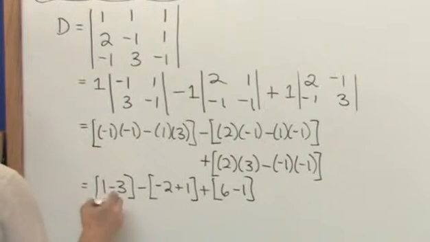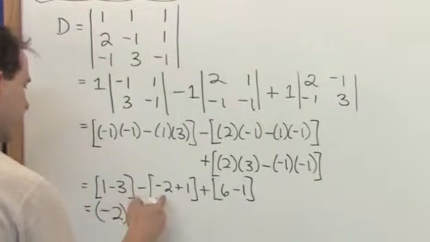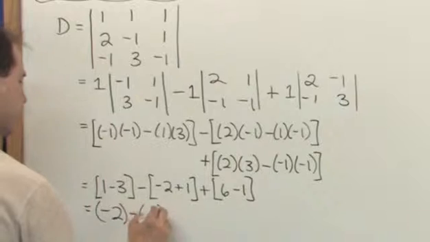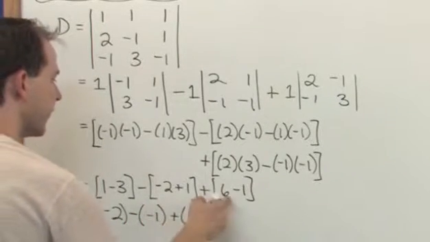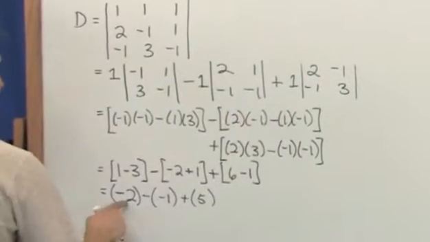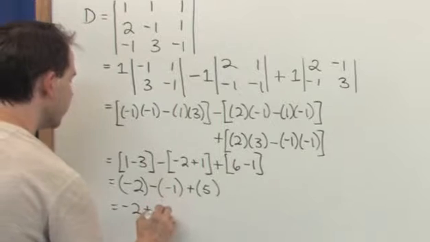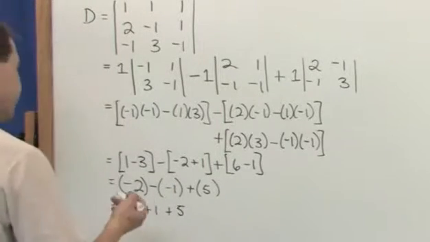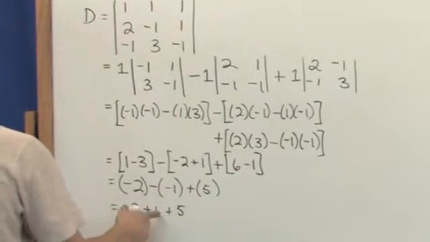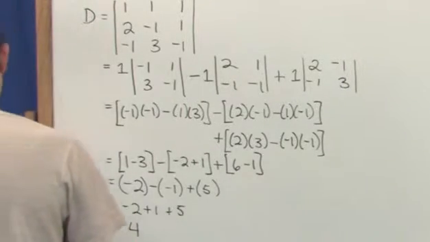So here, 1 minus 3 gives you negative 2, minus, over here, you're going to have negative 1, and then over here, you're going to have 5. And what this is going to amount to here is negative 2 plus 1, distributing this in, plus 5. And then finally, you're at the point where you can actually do this addition. Negative 2 plus 1 is negative 1 plus 5 is positive 4. Okay? So what you're going to have is positive 4.